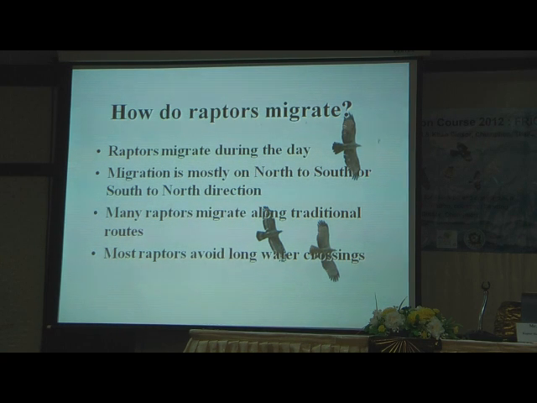Through many generations of migrants, they have found and used the same route every year because it is safe, it is the shortest, and many of these raptors will migrate along what we call traditional routes. So I'll talk a bit more about these routes.